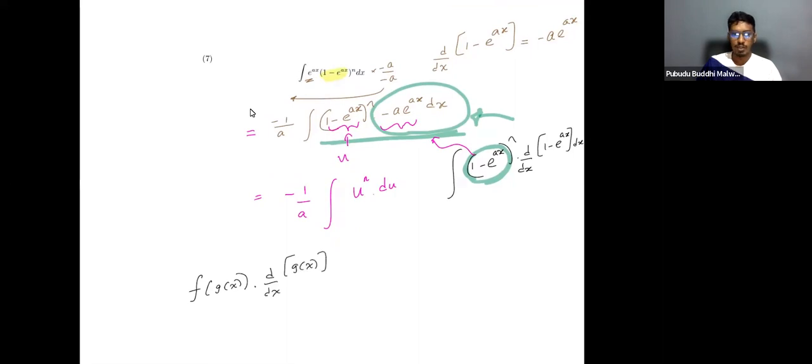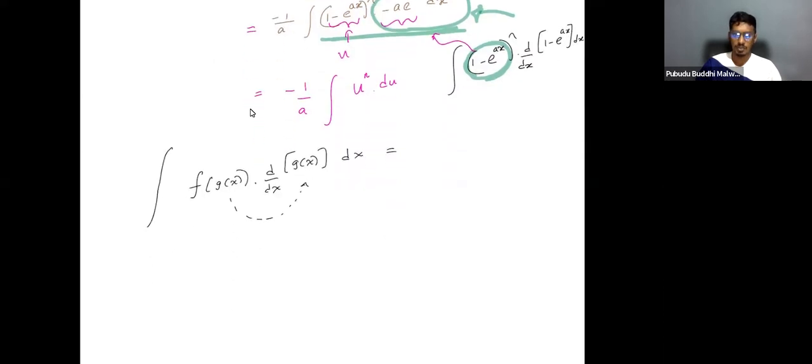If you want to integrate such a function, the answer is very simple. That's the answer. Because the derivative is here. So in such cases, we use the u equals g of x substitution. Everything reduces to this form, f of u du.